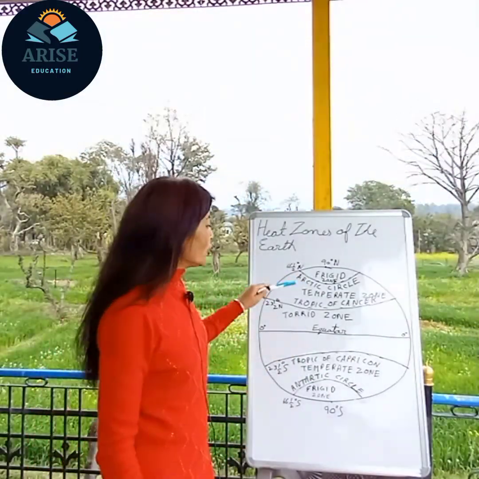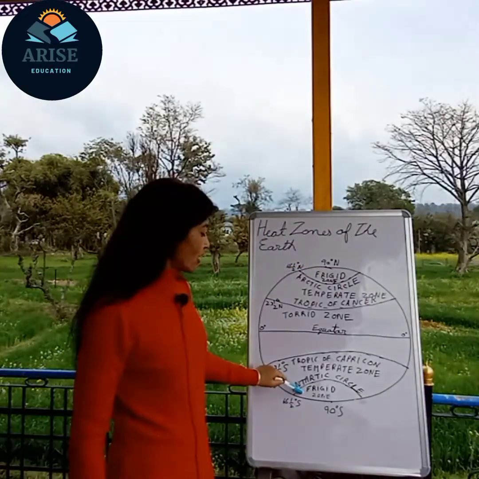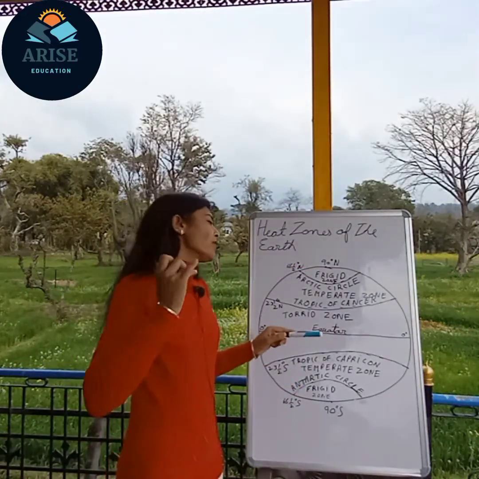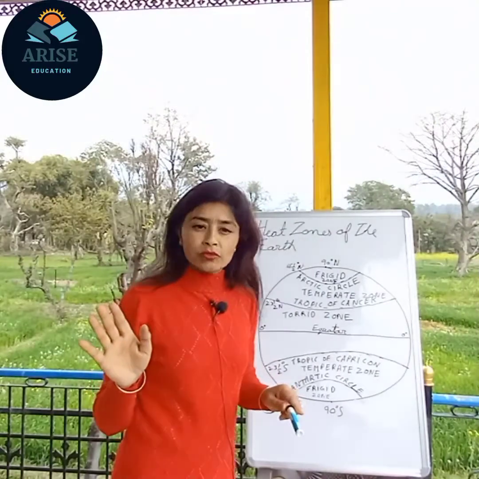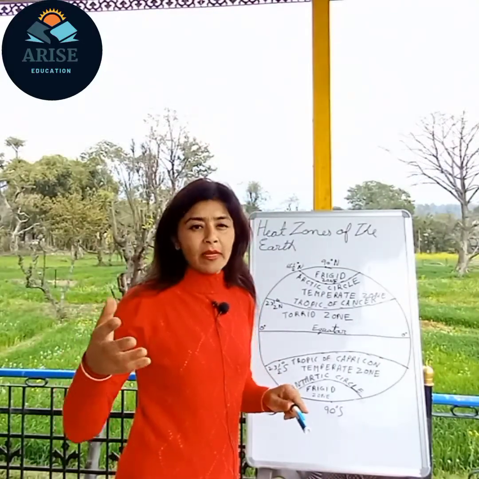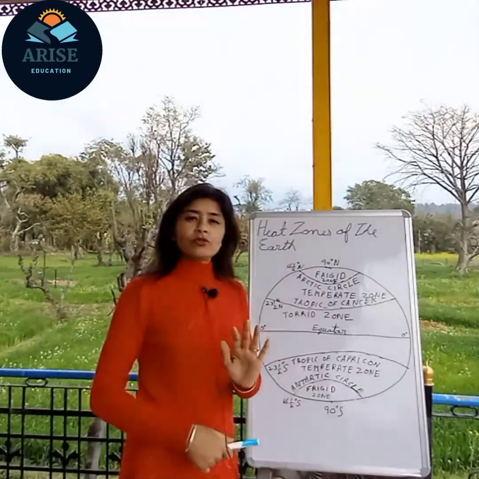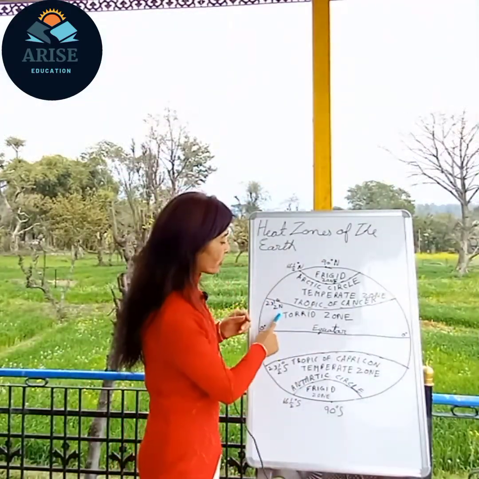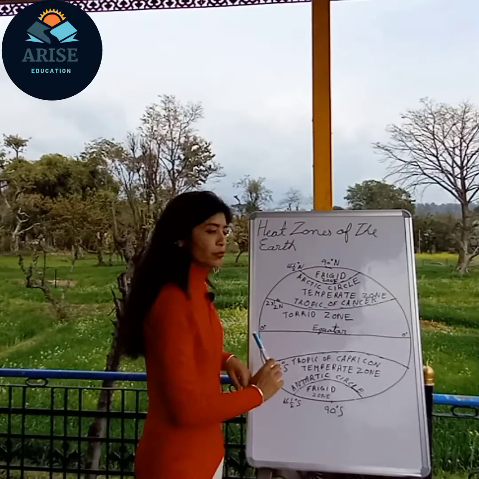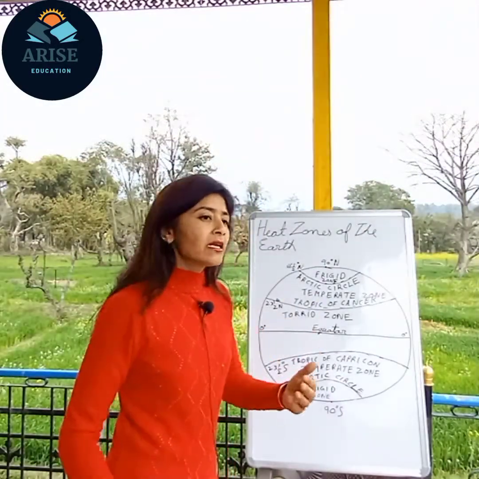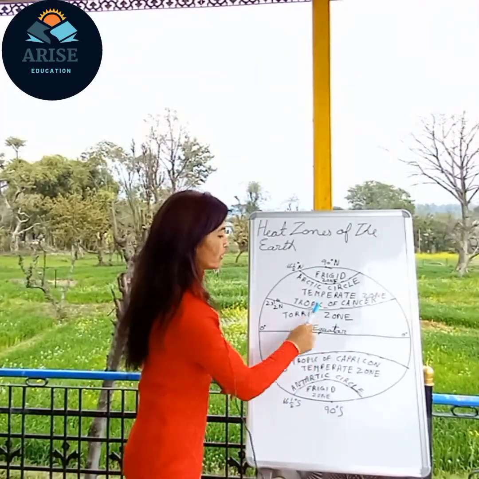Then we have north frigid zone and south frigid zone. So we have 5 zones according to our heat belts. First of all, I will explain the first zone, that is the torrid zone.